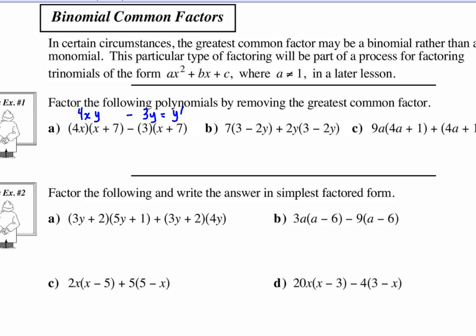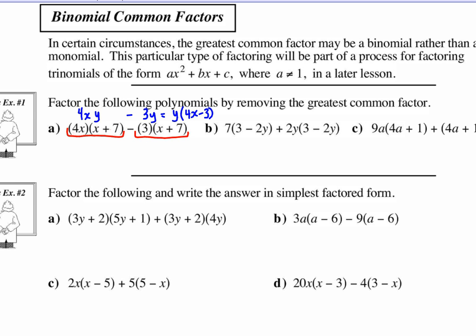So I can factor y out and be left with 4x minus 3. Good. So ignoring this question here, if I just had 4x times y minus 3y, I could factor y out of both. Agree?